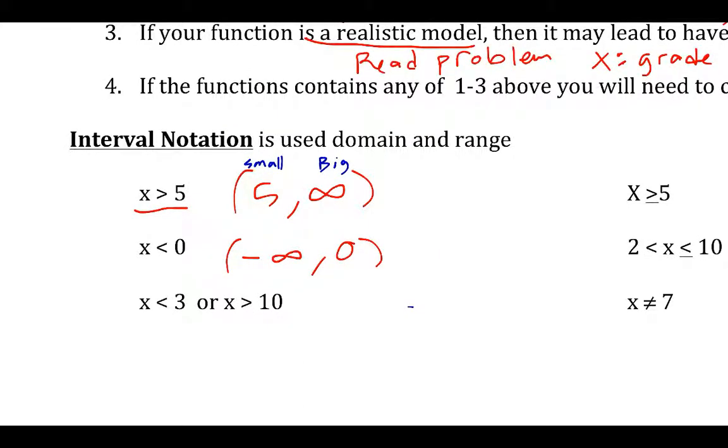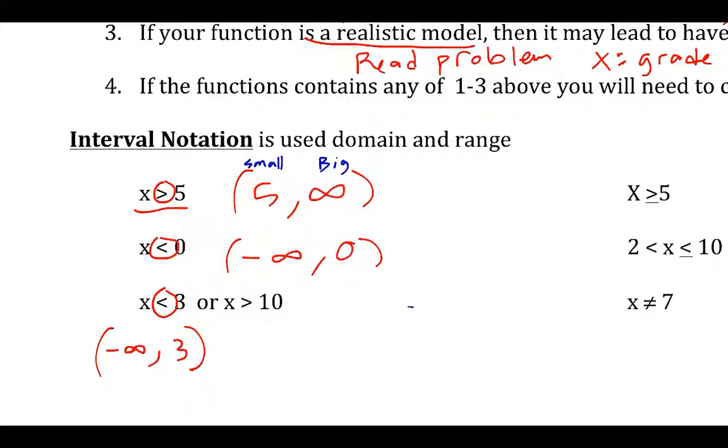Okay. Then this one down here, if I have an or involved, we can mix this up a little bit. X is less than 3 or x is greater than 10. So I'm going to put in here negative infinity to 3, not including 3. So the fact that all of these have no equal sign in the inequality means I'm using a lot of parentheses today, so far. Parentheses all over the place.